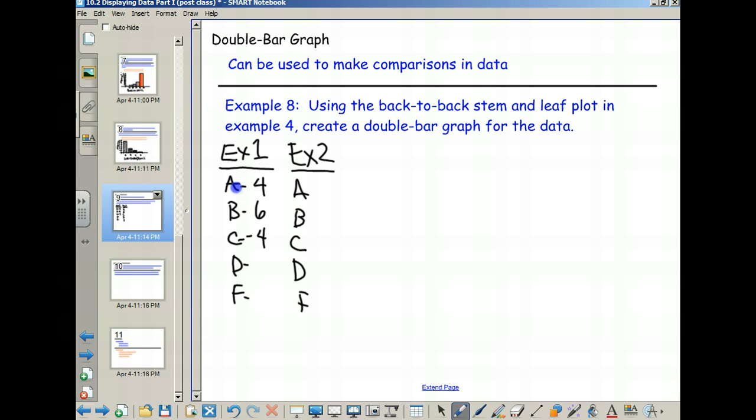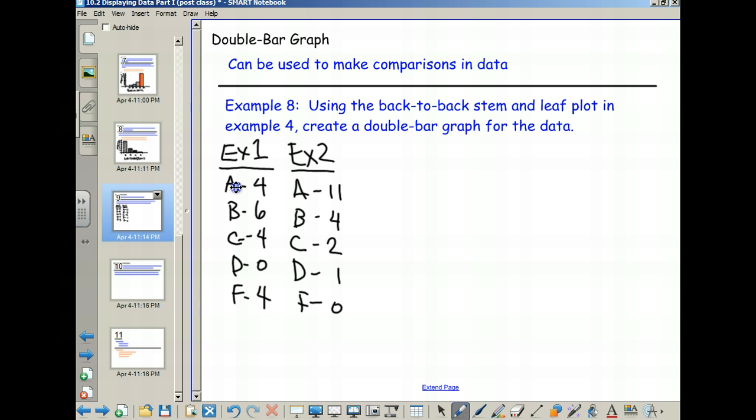I didn't have any in the 60s range, so there were no D's, but then there were 4 F's. And then in exam 2, I had 11 A's, 4 B's, 2 C's, 1 D, and 0 F's.